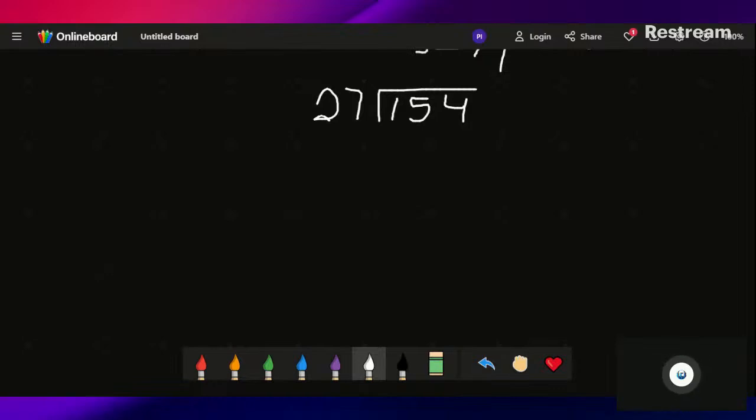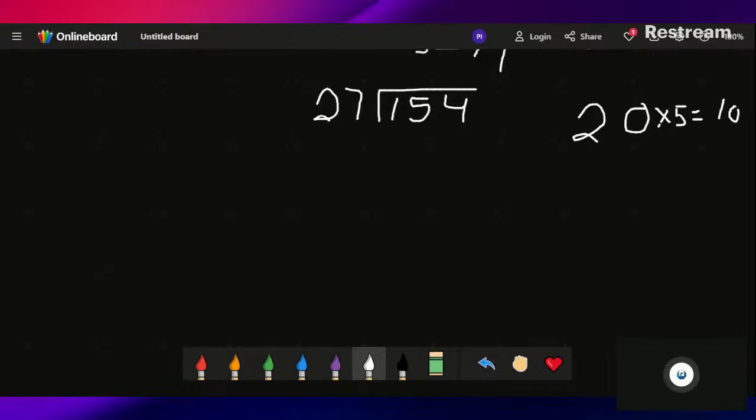So let's do some mental math here. Let's guess that we can fit this in there 5 times. So let's try that. 20 times 5 is 100.